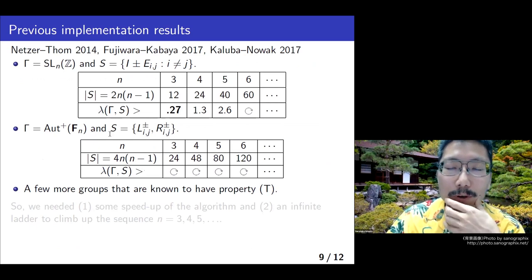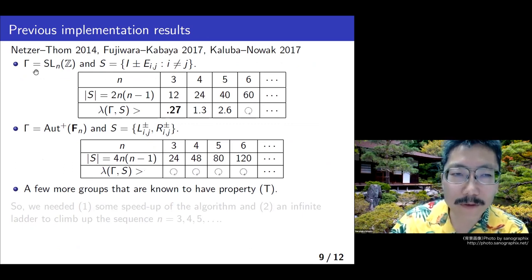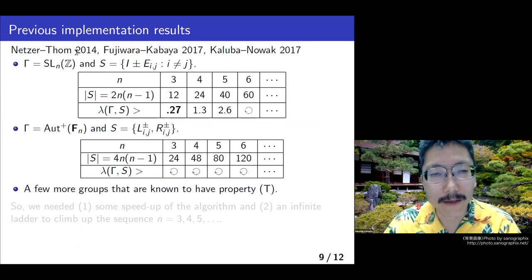Anyway, the previous implementation, previous meaning before 2017, was that they first did the computation, confirming property T by computers for known groups, Fujiwara and Kabaya for known groups.